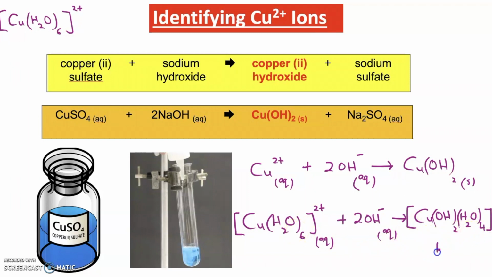And when we bond 2OH- ions to the copper 2+, we kick out 2 waters, so that's my other product. And I'm going to put in the state symbols: aq for both reactants, s for my precipitate, and l for water.